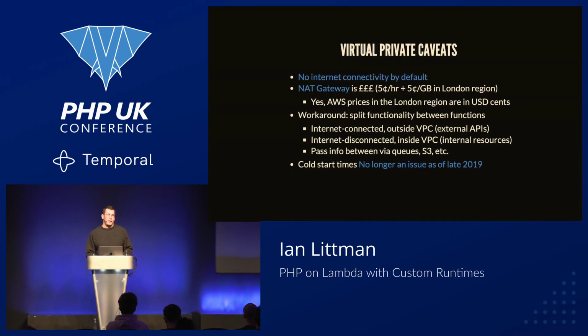So one thing with Lambda is Virtual Private Cloud, or VPC, has some limitations. Now, of course, you need Virtual Private Cloud and you need your Lambdas inside of that when they need to reach out to some piece of your infrastructure that is also VPC only. So that might be your database, that might be Redis, something to that effect.